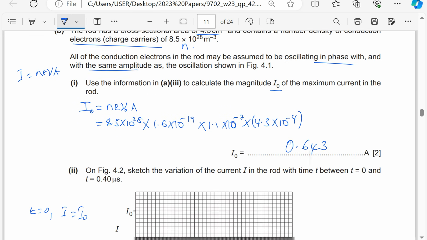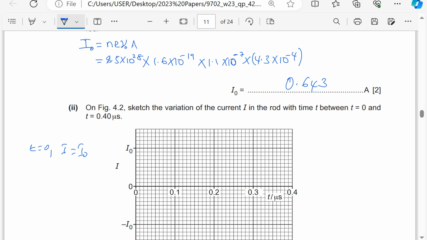So we have seen the maximum current is that. Then sketch the variation of the current I in the rod with the time t between t equals 0 and t equals 0.4. I will just use a simple equation. I is equal to I naught cos omega t.